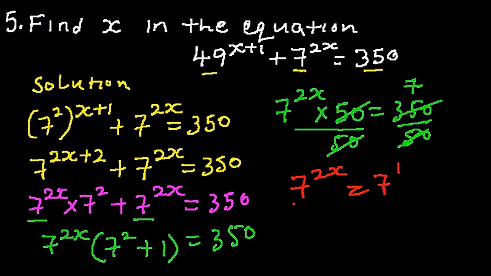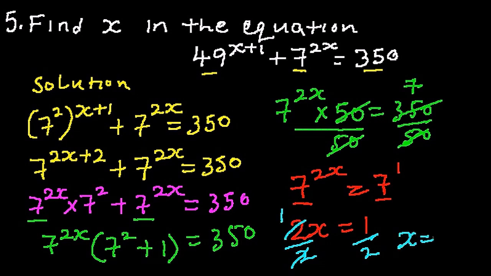Since we now have the same base, the indices are the same. So 2x is equal to 1, implying when we divide both sides by 2, 2 divided by 2, you get 1. So our x is equal to 1 over 2, or 0.5. So that is the answer to that question.